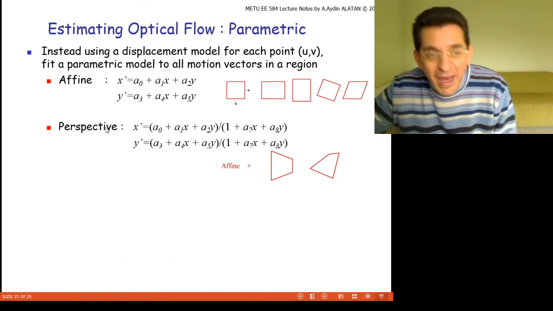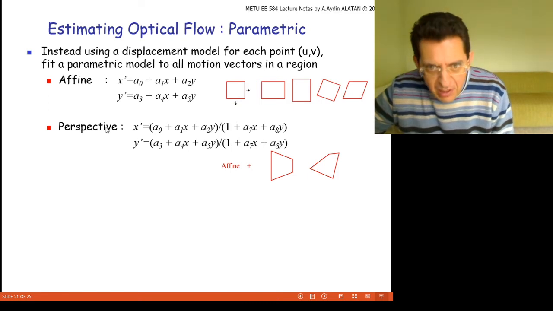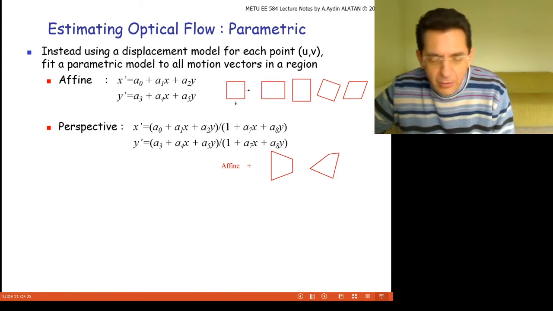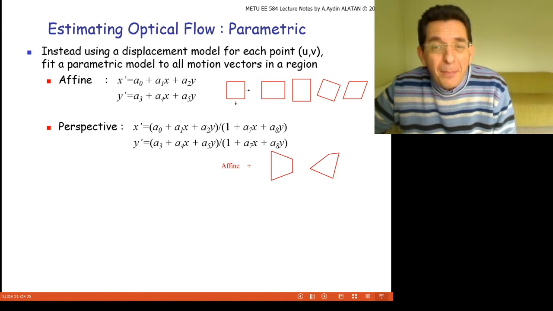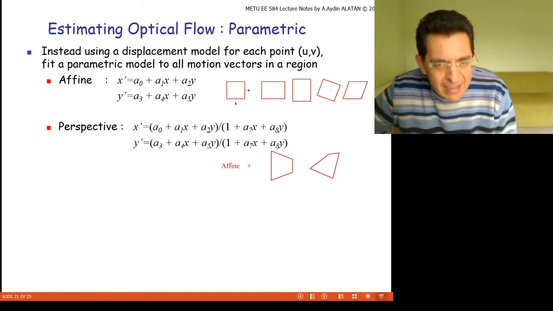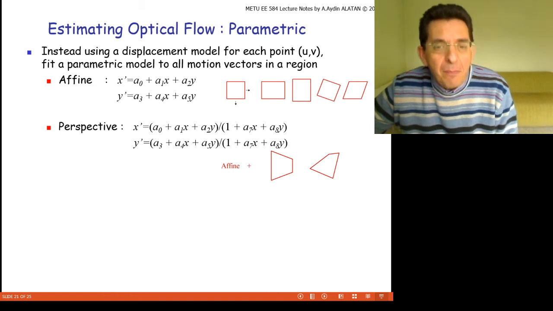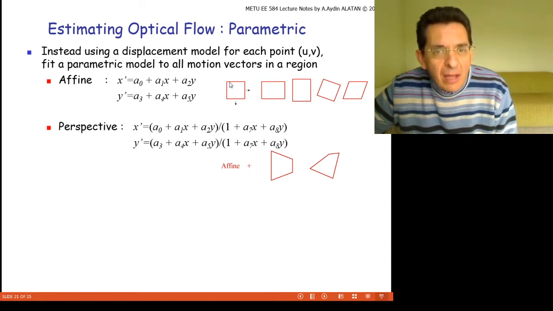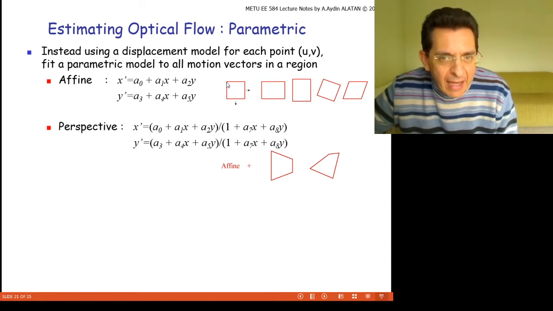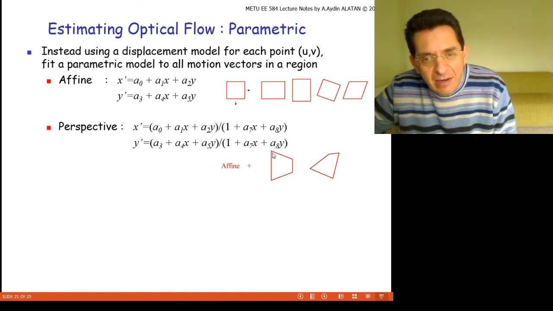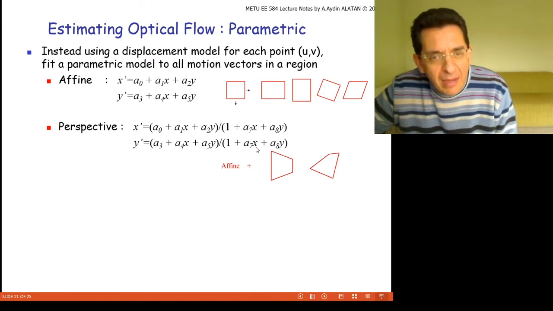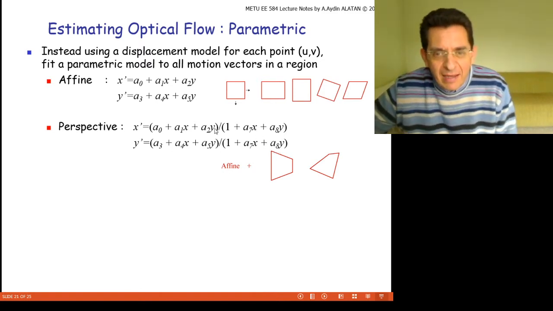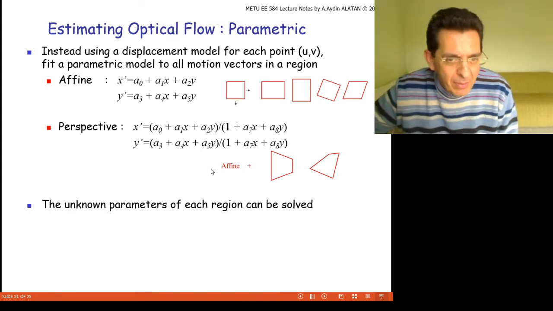In fact, perspective models are perfect representations of planar scenes. If your scene is planar, every pixel obeys this kind of mathematical relation. In other words, if in one image you have coordinate x and y, in the other, the x prime, y prime will obey this based on the estimated 8 or 9 parameters.